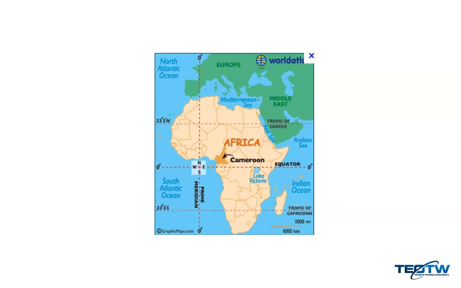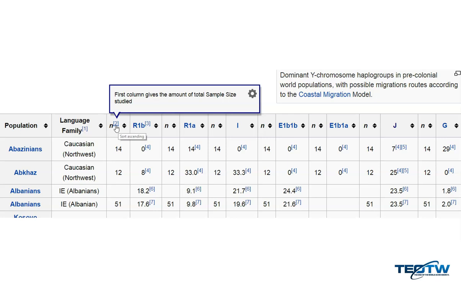So here's an example of what Cameroon is, right? Which is Nigeria, Benin, Togo, slave coast stuff, right? We all know about that. All right. So if you see here, and this is what I'm trying to talk to you about, this first column here, the first column gives the amount of the total sample size studied.